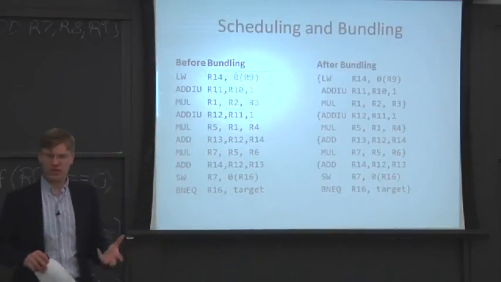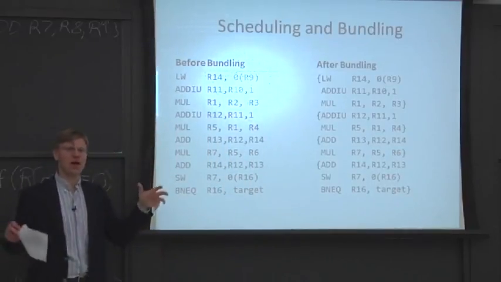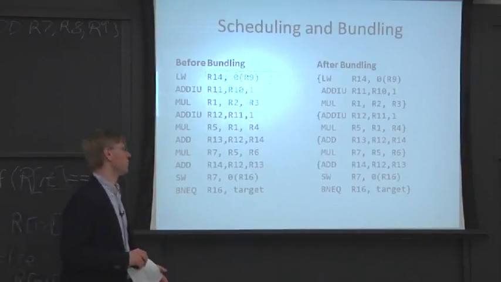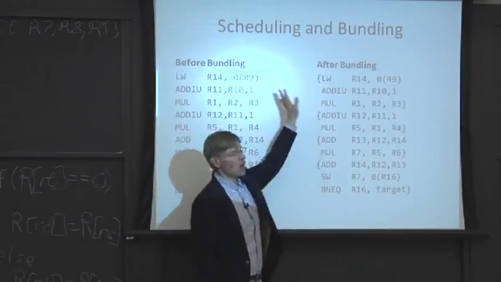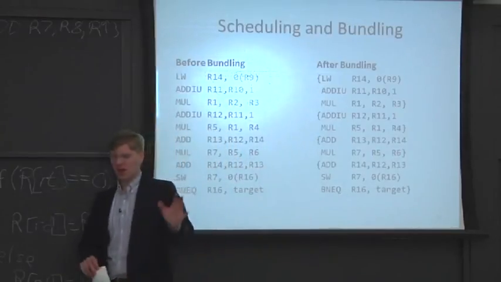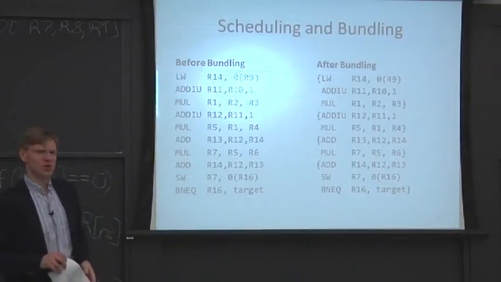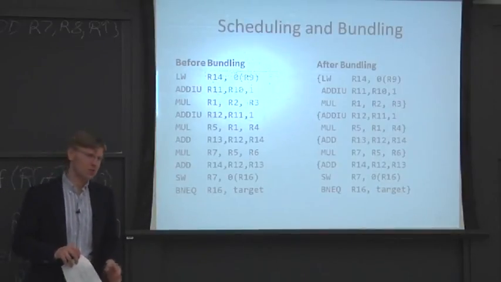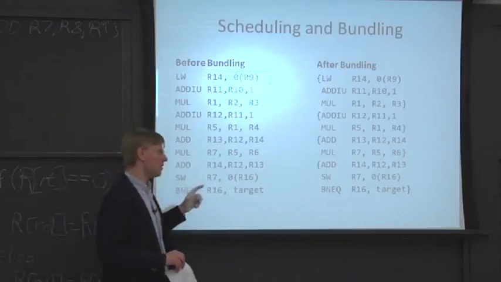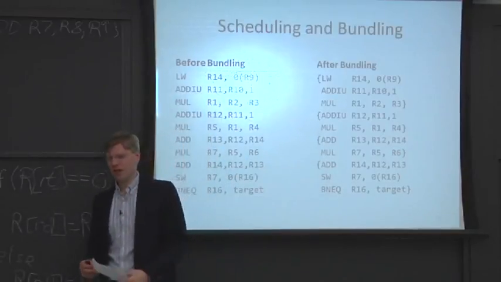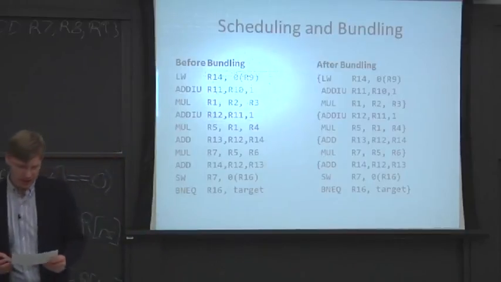So first, you're going to want to do scheduling, and then you're going to want to bundle non-dependent instructions together. There have been a couple of algorithms that have tried to do code motion, scheduling and bundling together. Those don't always work out as well. So most VLIW compilers now will do the code motion and the scheduling first, and then they'll do the bundling at the end.